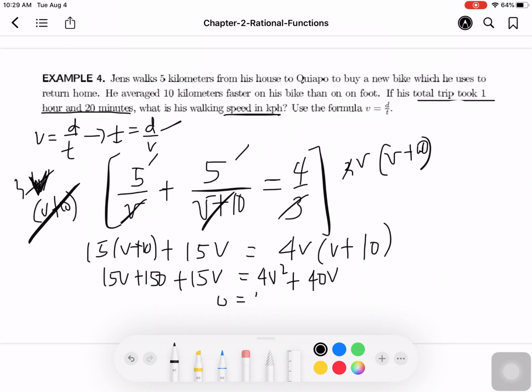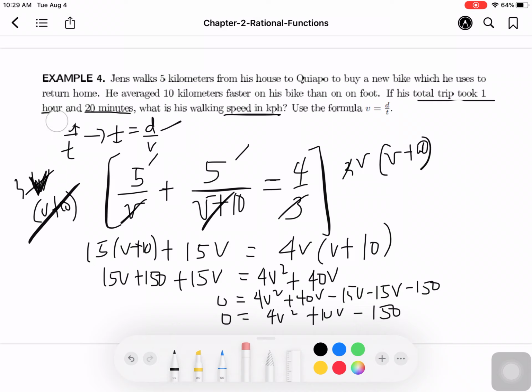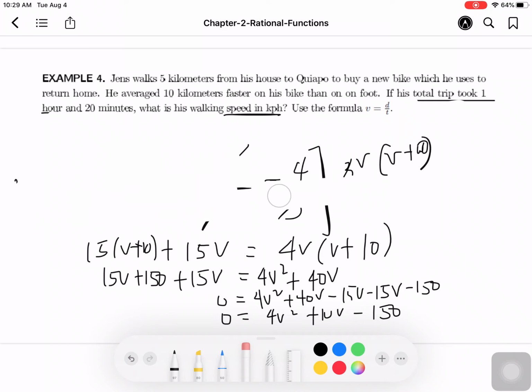So 0 equals 4V squared plus 40V, transpose 15V, minus 15V, minus 150. So this will become 4V squared. Use your calculator. This is 10V minus 150. Okay, then I will continue this here. We'll delete this.